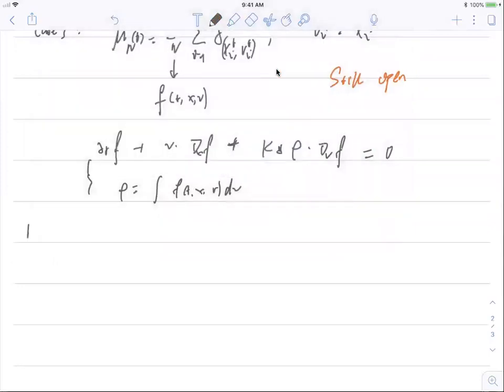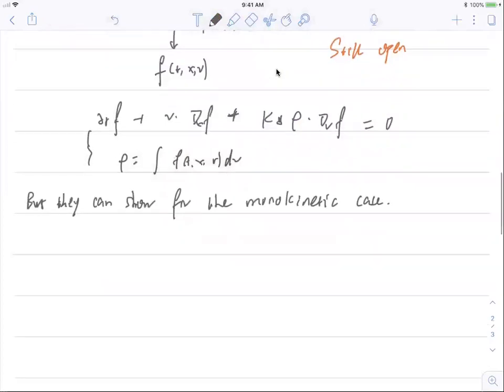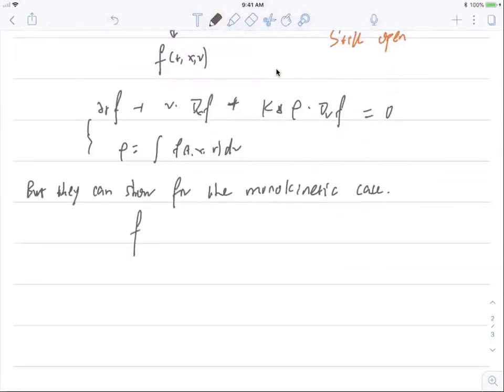But they can show it for the monokinetic case, which means the following. You choose F, the limit guy, to be in some specific form.